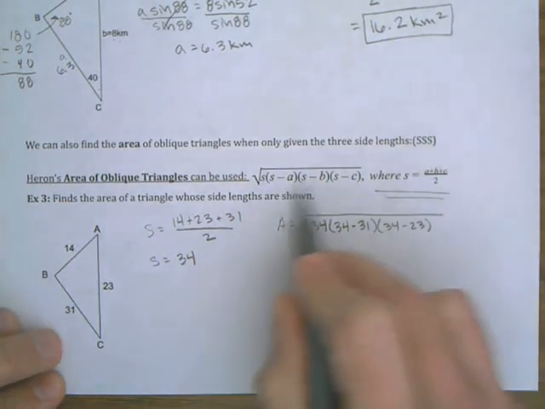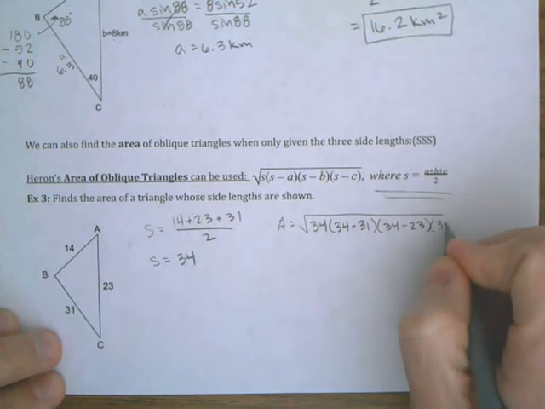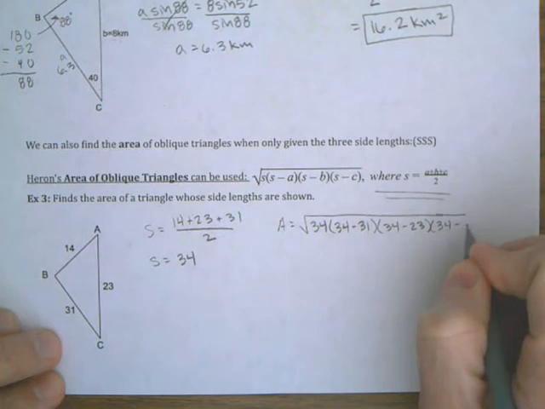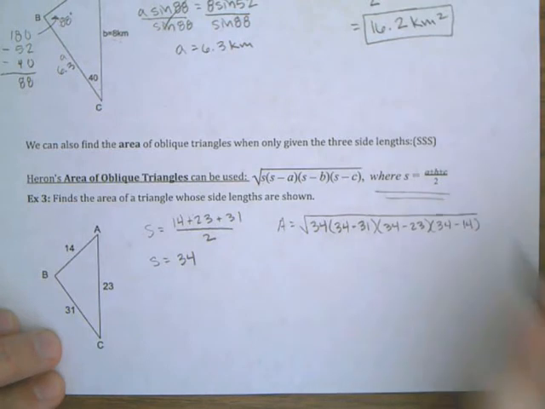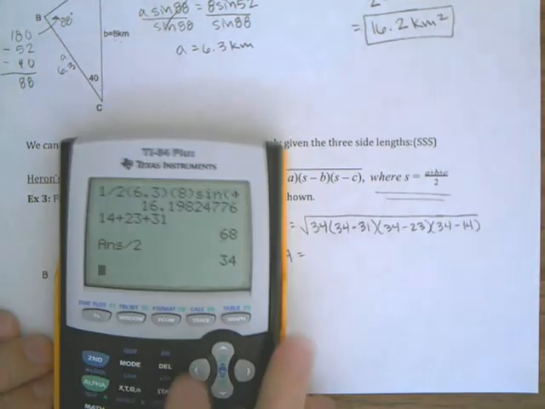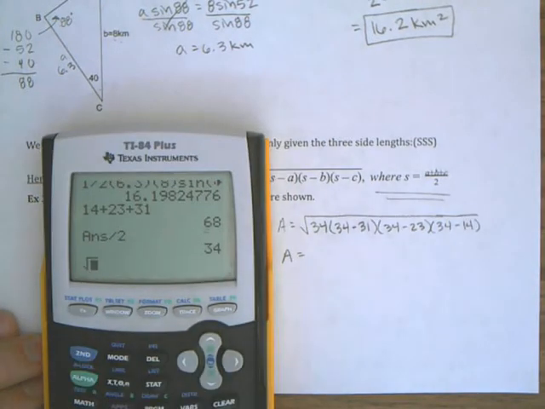Multiplication is commutative. Just don't use the same number twice. And then we're just going to plug this in our calculator. Square root of 34 times 34 minus 31 times 34 minus 23 times 34 minus 14.